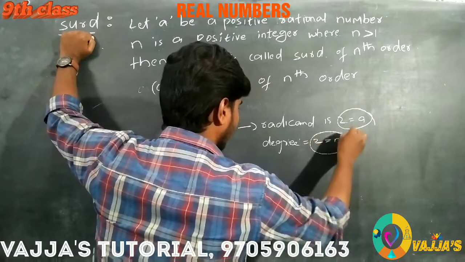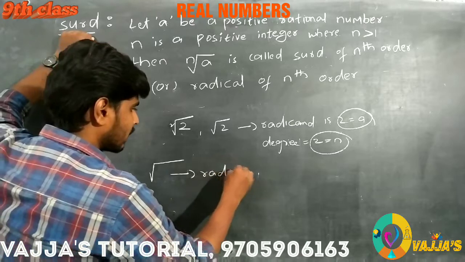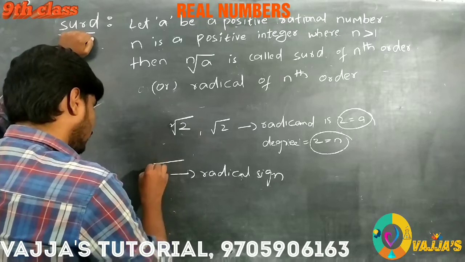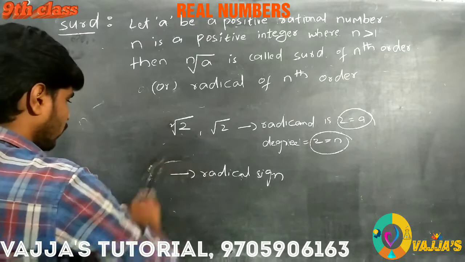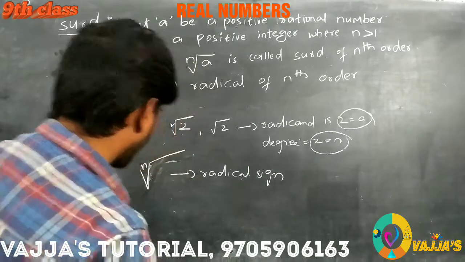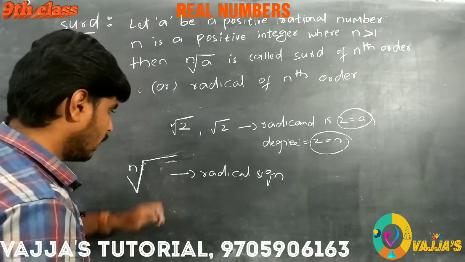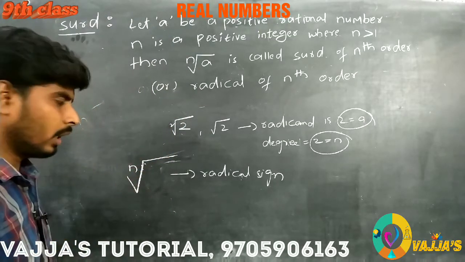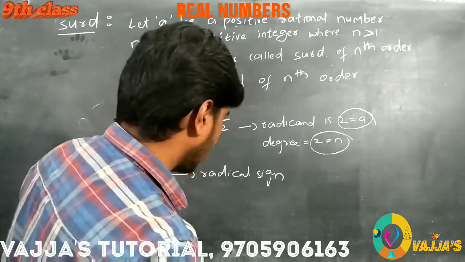This sign is called the radical sign. In this cap we write n. This is the radical sign, and we call it the nth root. If you write a number, we call it by that number.